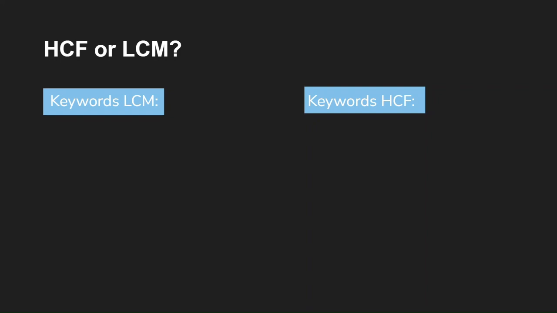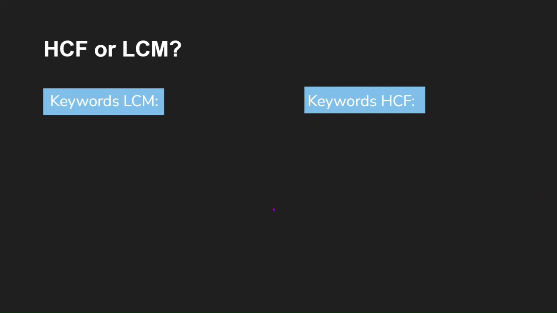Think about words that appear in each of those questions that are unique to those questions. So let's take a minute or two and talk to someone next to you. Let's start with the lowest common factor, and then take another minute or two and do lowest common multiple. Then take another minute or two and do highest common factor. Get words that appear in these questions that are unique to lowest common multiple, and then words that are unique to highest common factor. See if we can find some keywords.